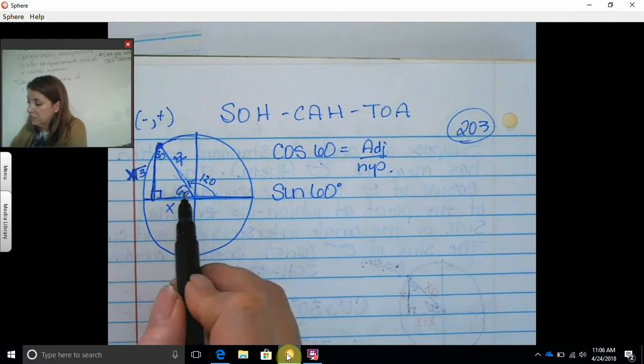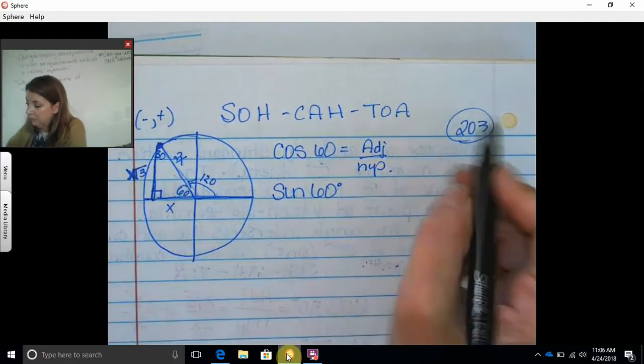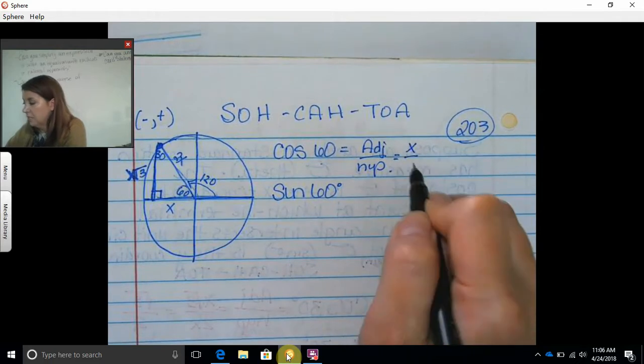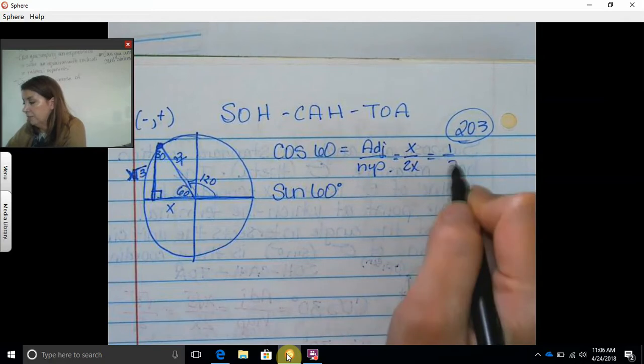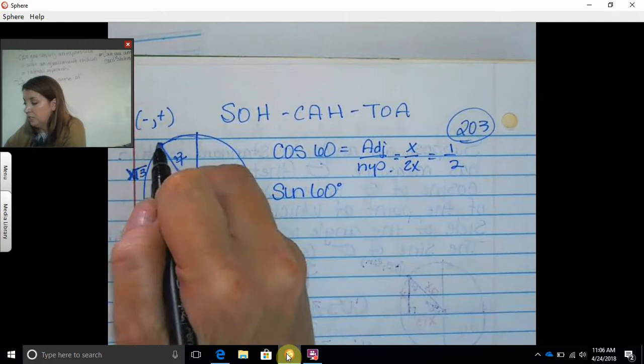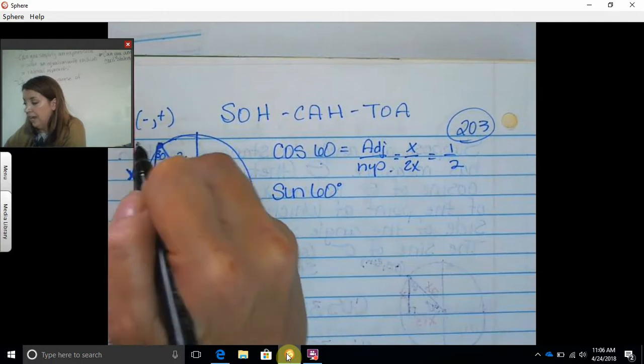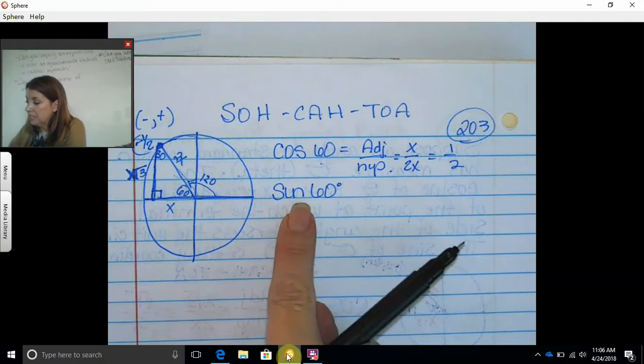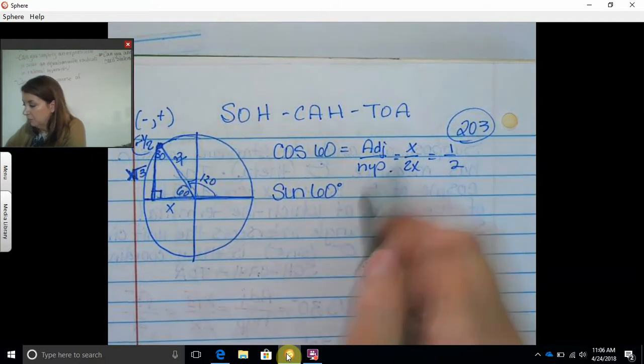So cosine of 60 degrees, what's adjacent to it? X, and the hypotenuse is 2x, so that gives us 1/2. So we know that's going to be negative 1/2 because our x values are negative in the second quadrant. And the sine is opposite over hypotenuse.